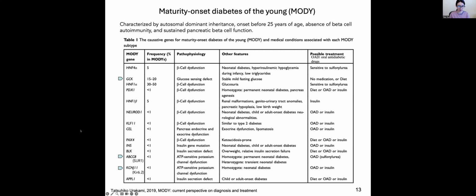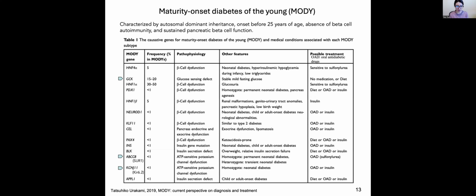Okay, let's take a look at ABCC8. It has another name, which is SUR1, and you learned about SUR1. Another gene called KCNJ11 has another name, Kir6.2, and you learned about Kir6.2 as well when we were talking about KATP channels.